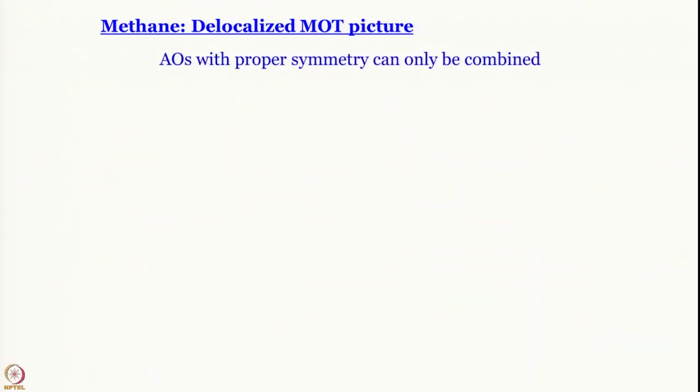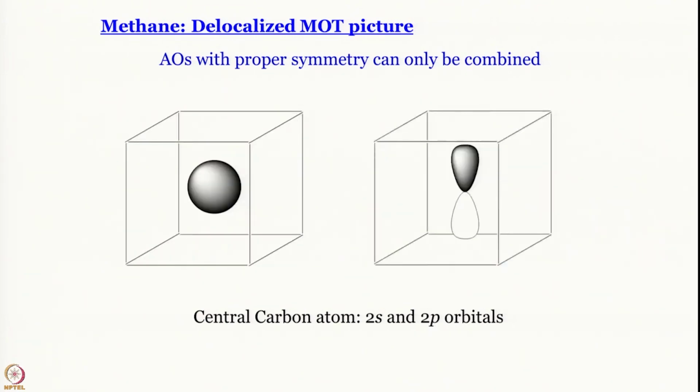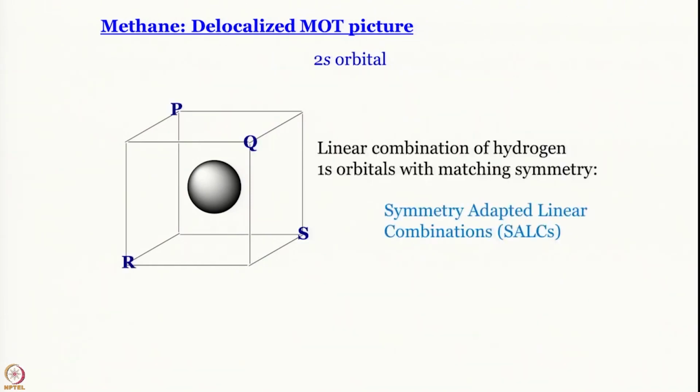And we will remember that atomic orbitals with proper symmetry can only be combined. Now see, the central carbon atom has 2 orbitals that are relevant in our discussion, 2s and 2p. And this 2s and 2p can separately form linear combinations of hydrogen 1s orbitals with matching symmetry.